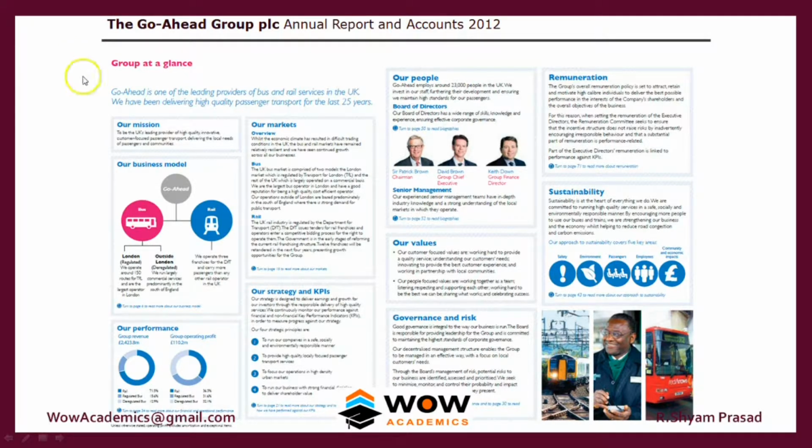So you might have our mission, the business model of the company, what's its performance in a very short snapshot. It tells about the revenue, it tells about the operating profit, how their revenue is split among the various products, how the profit is split among the various products, what is the overview about the market, the bus market, rail market for this company, what is their strategy, and what are their KPIs.